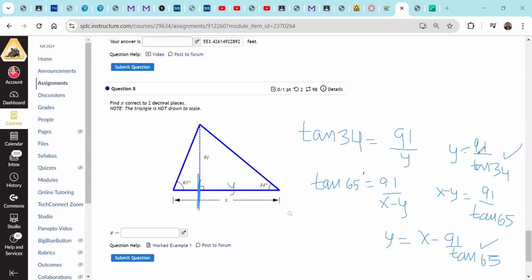So we're gonna say, okay, this was y is equal to, so that means 91 over tangent 34 is equal to x minus 91 over tangent 65.